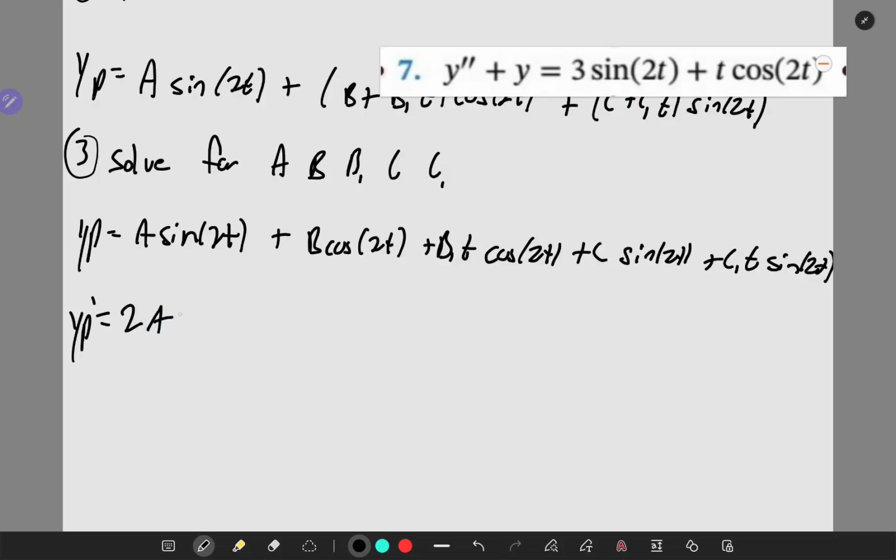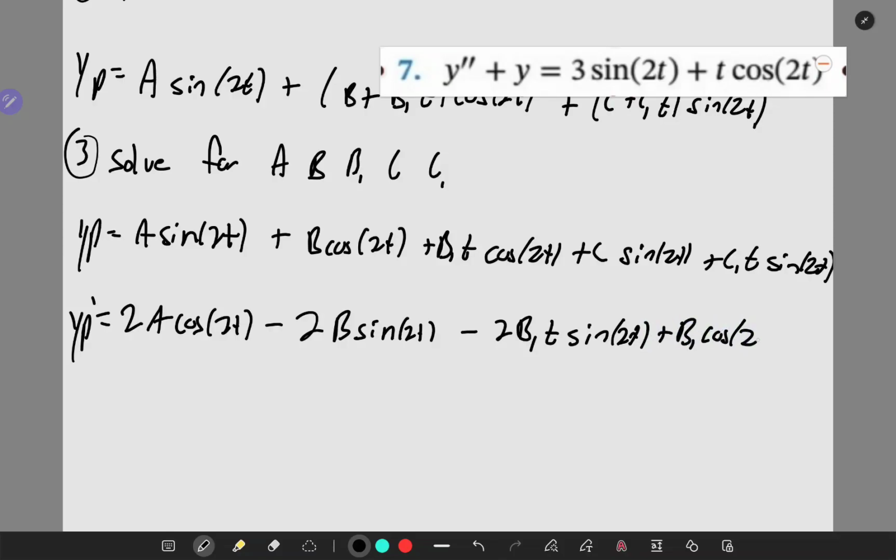So 2a cosine of 2t plus 2b sine, minus 2b sine of 2t. We have to do product rule, right? Oh man, so plus 2 b1 t, so minus sine 2t plus b1 cosine of 2t.